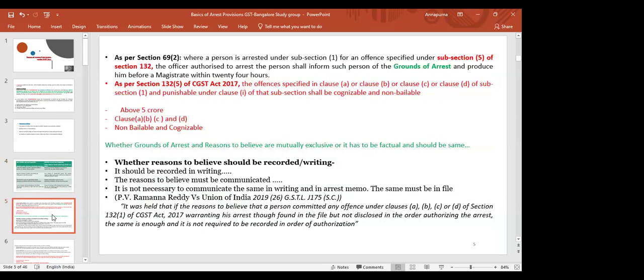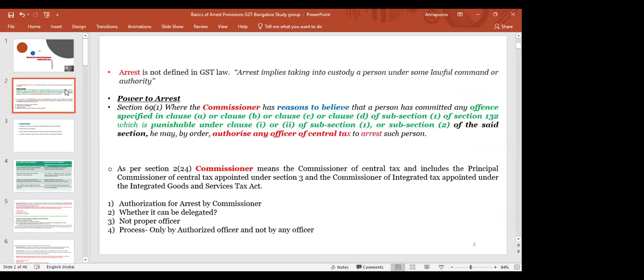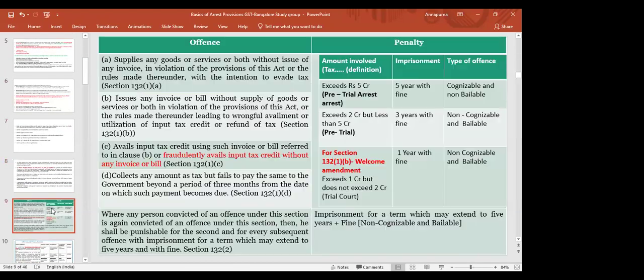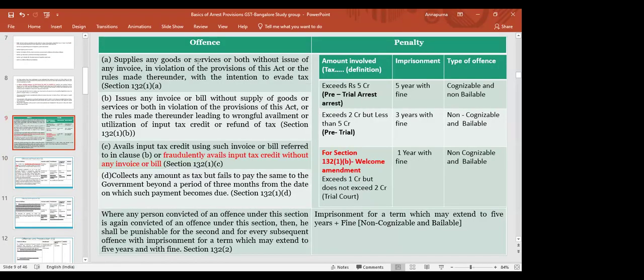Now, the next aspect is, as we are reading, the first aspect is 69(1), and they are also specifying the offenses which are covered under 132. I'm not going to read that section. I'll just say what is covered under 132(1)(a), (b), (c) and (d).